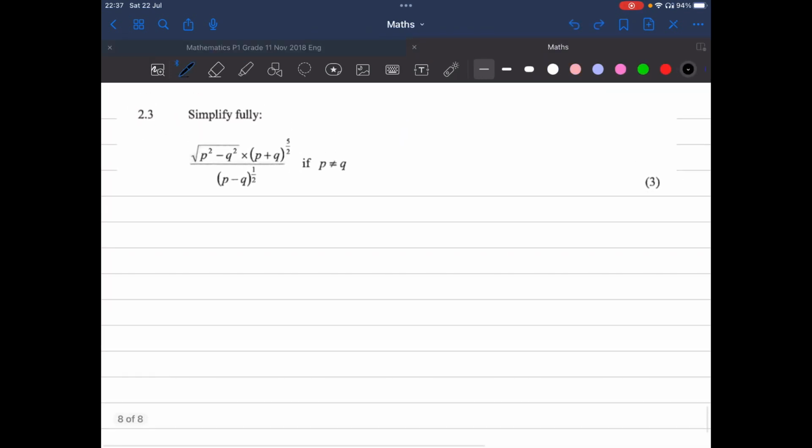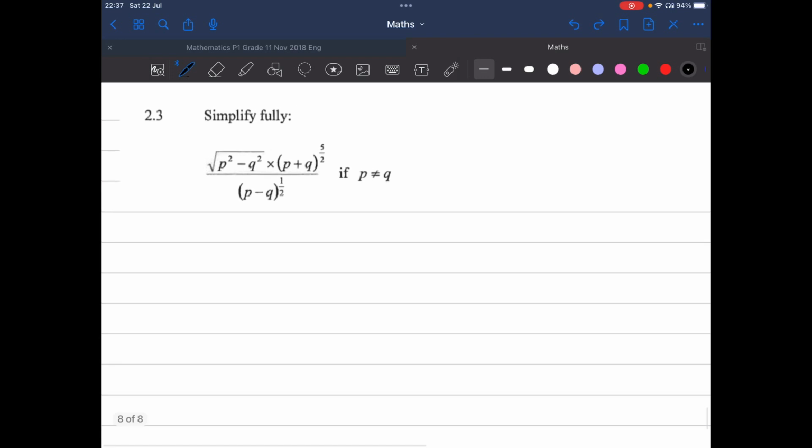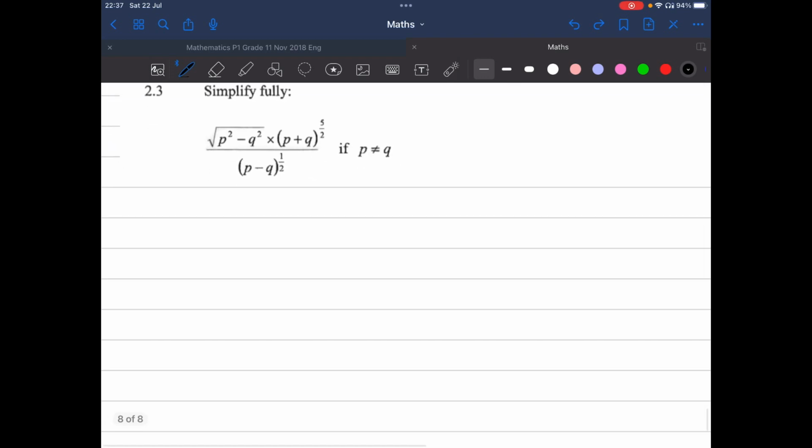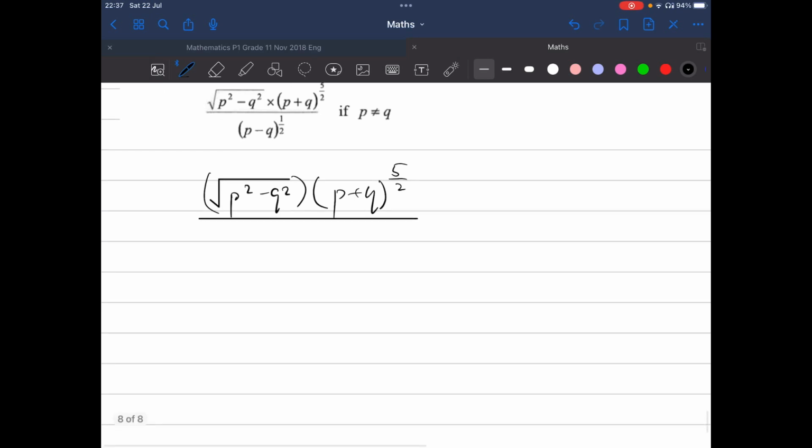It says simplify the following fully. Okay, it's a very ugly looking expression, but let's deal with it. So we have p squared minus q squared times p plus q to the power 5 over 2, all over p minus q to the power 1 over 2.